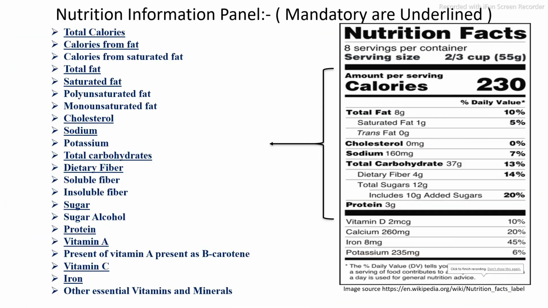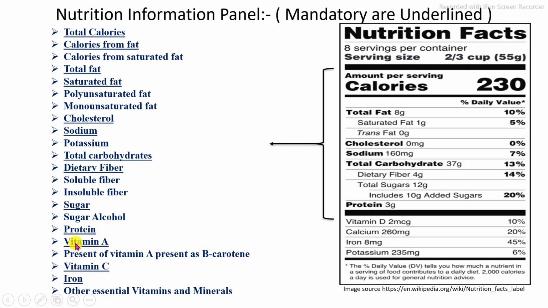The next term is the nutritional information panel. In this panel, the nutritional components that must be declared are underlined; these are mandatory, and the remaining depend on the health claims or the enrichment or fortification by the specific industry.